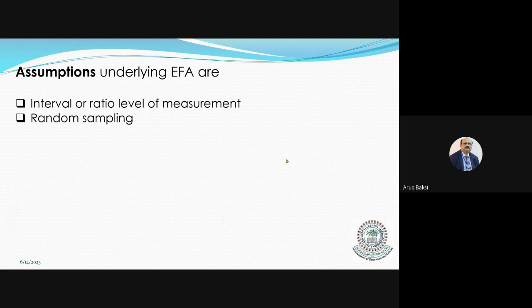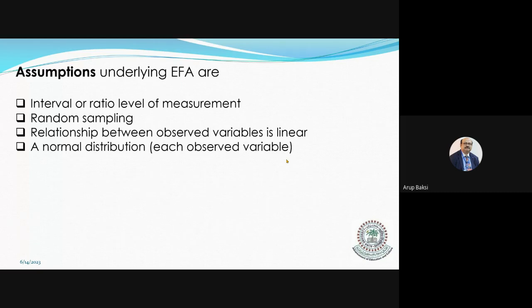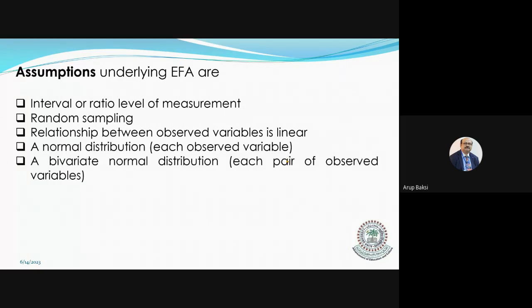Samples drawn with non-probabilistic sampling, particularly convenience sampling, purposive sampling or judgmental sampling, are not suitable for factor analysis. The relationship between the observed variables should be linear. That is one of the assumptions. Normal distribution: a bivariate normal distribution for each pair of observed variables, and there should be multivariate normality. So these are the fundamental assumptions which govern the exploratory factor analysis.